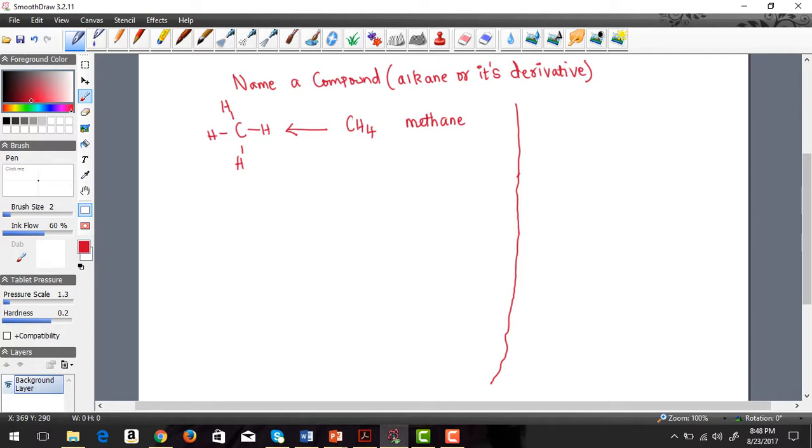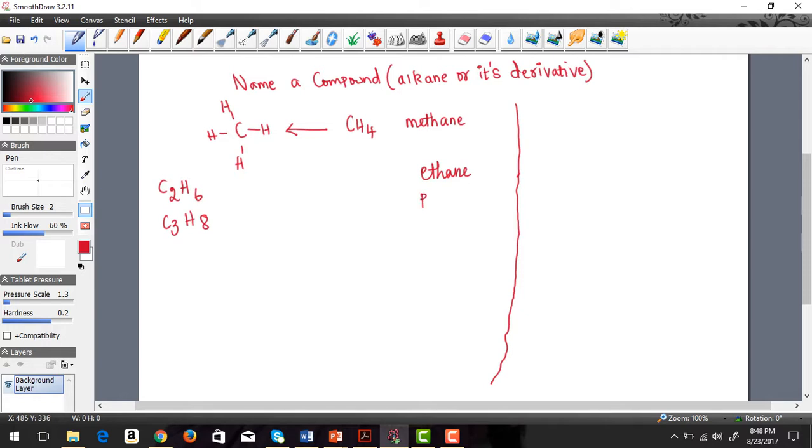Let's go to C2, and we know that there are 6 hydrogens, right? So this is ethane. The next one is propane, C3H8.